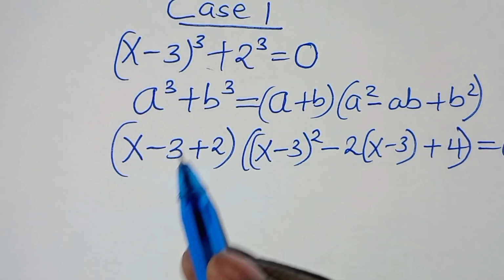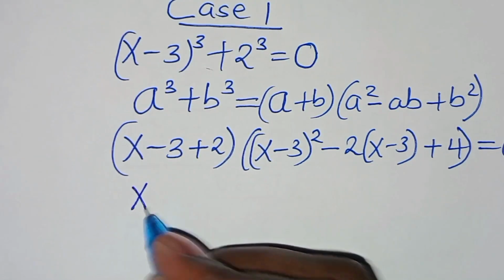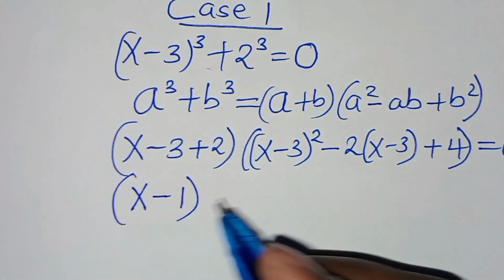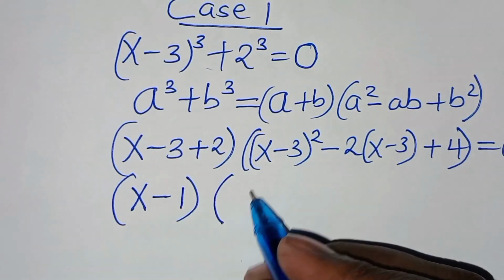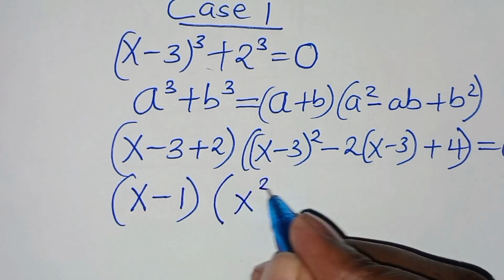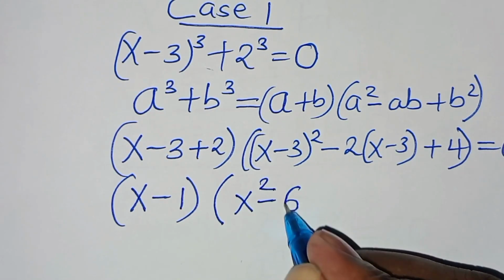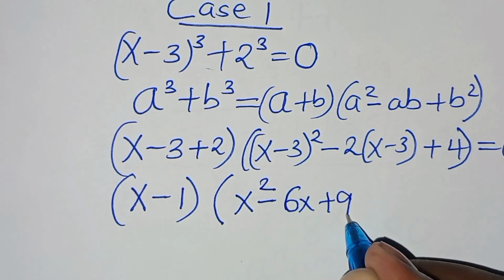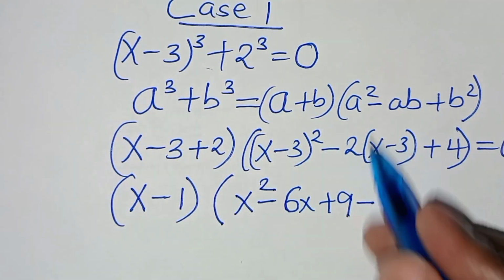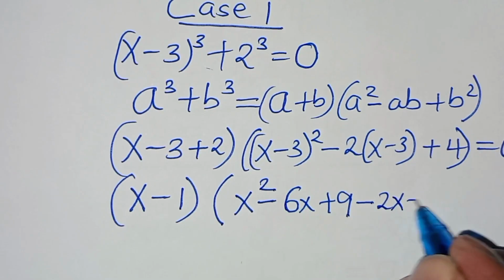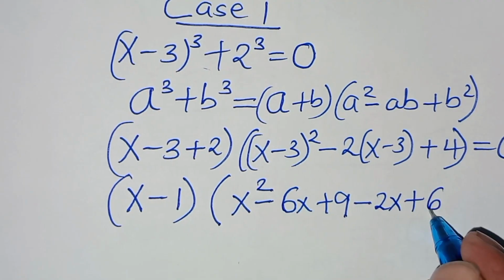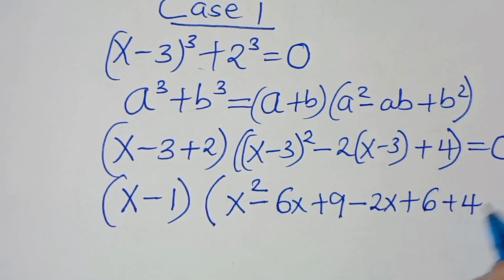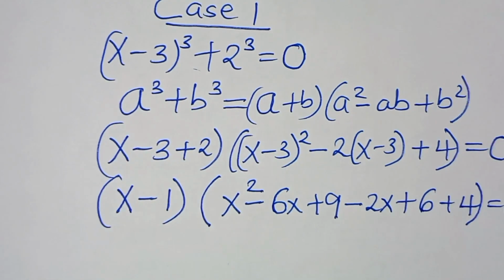Now, x - 3 + 2 is the same thing as x - 1. And then here we'll have x squared minus 6x plus 9, then subtract 2x plus 2 times 3, this is 6, then plus 4, equal to 0.